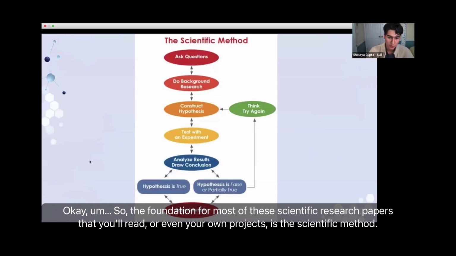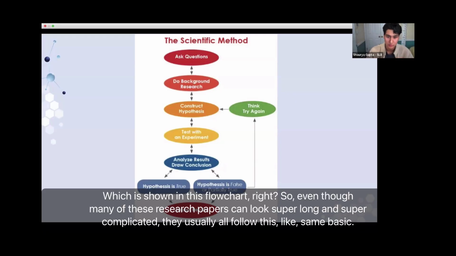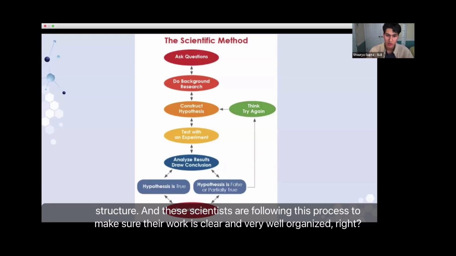Okay. So the foundation for most of these scientific research papers that you'll read, or even your own projects, is the scientific method, which is shown in this flowchart, right? So even though many of these research papers can look super long and super complicated, they usually all follow the same basic structure. And these scientists are following this process to make sure their work is clear and very well organized, right?